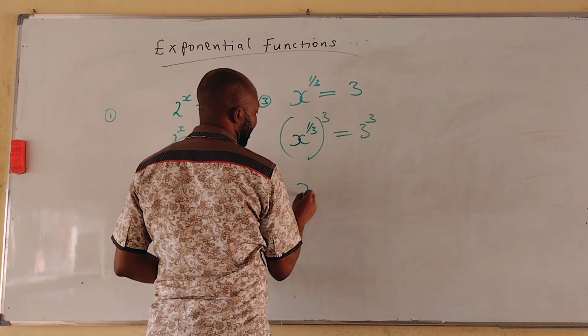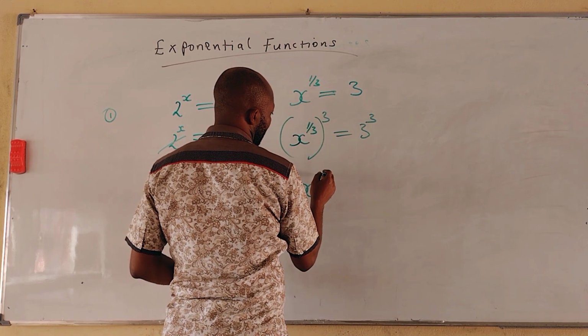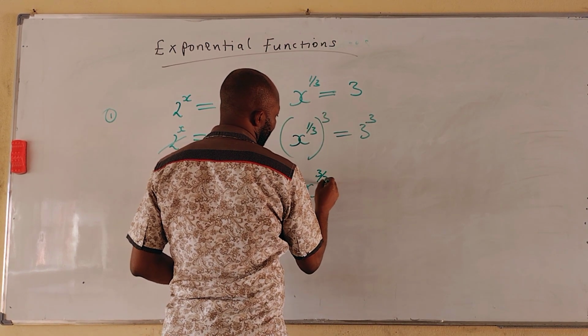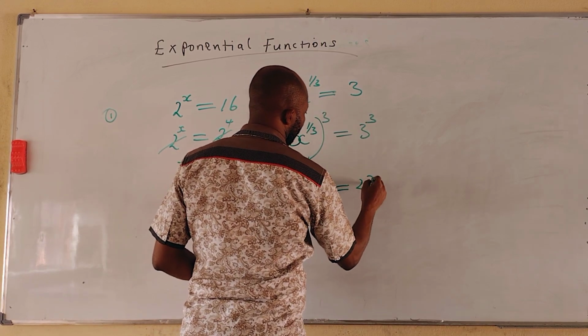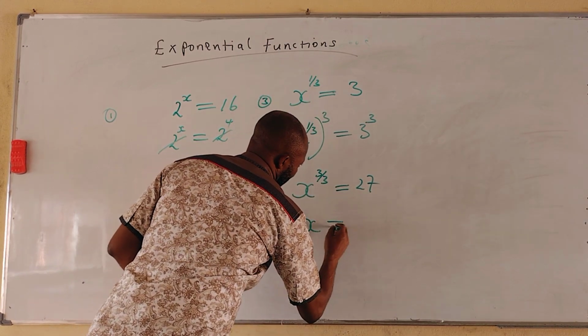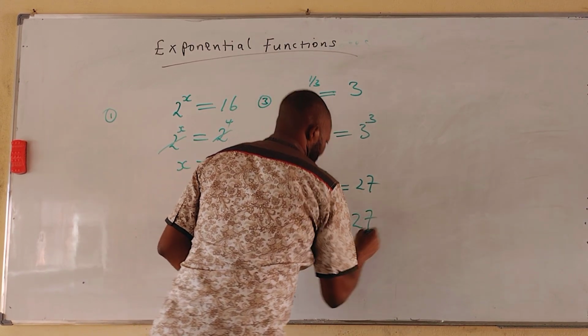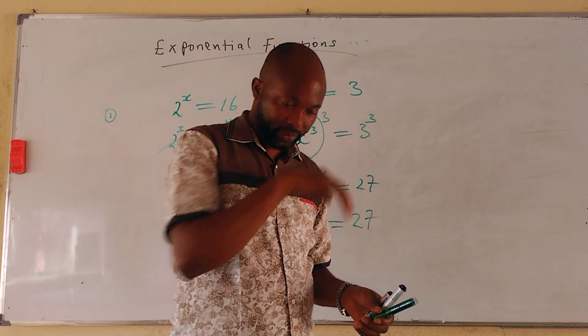So this is x raised to the power 1 over 3 times 3, which is 3 over 3, equal to 27. This cancels, this is 1. So x raised to the power 1 is x, equal to 27.